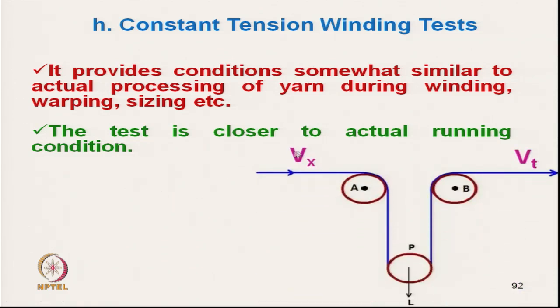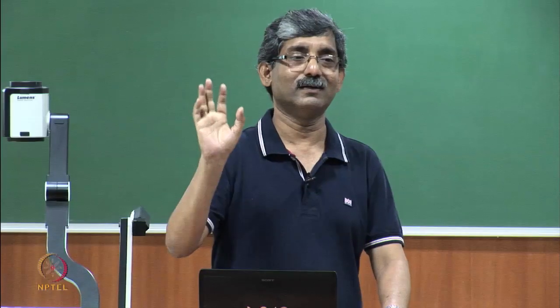So, this instrument is basically nothing but a winding machine, where this is a feed roller, this is a take up roller, and this roller is just for putting load on the yarn. So, at a certain load we would like to test, okay, at a certain tension, and what do we measure? We measure the number of breakages occurred per 1000 yard.